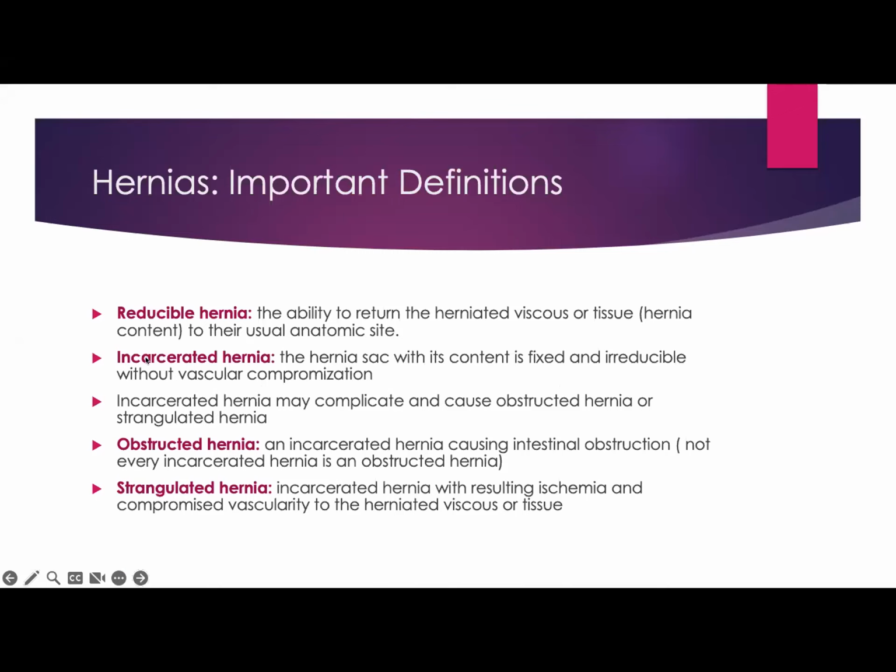Incarcerated hernias are subject to two major complications. One is intestinal obstruction, if it has intestines or colon along with the hernia, or if it has vascular compromise, then we call it a strangulated hernia. The obstructed hernia is the incarcerated one that is now causing intestinal obstruction, so the lumen is not continuous.